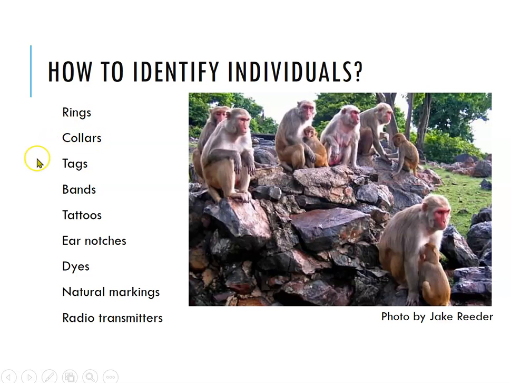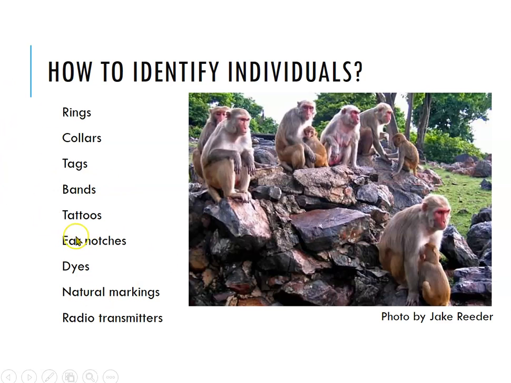You can use rings, collars, tags, bands, things that have been attached to the animals, usually things that are different colors. You can tattoo or paint, dye the individuals. Sometimes we use ear notches, or I know in turtles, they'll actually notch the shell of the turtle so that you can tell them apart. They kind of take a little notch out of them.